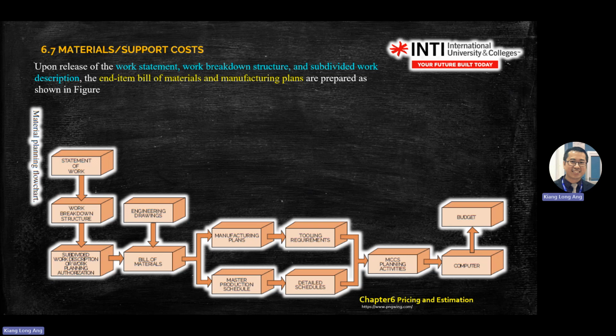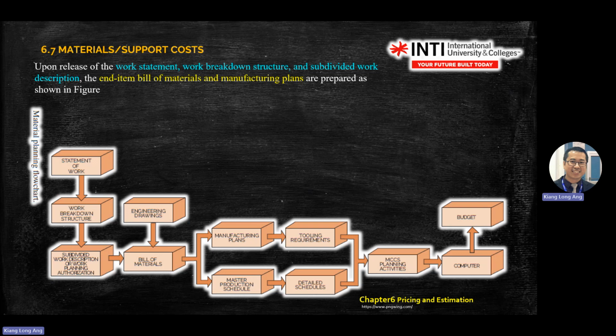So you start with the work statement, then go to the breakdown structure, WBS, work breakdown structure, then go to subdivided planning. You go to bill of material, engineering drawing, where you get the bill of material from the engineering drawing, right?